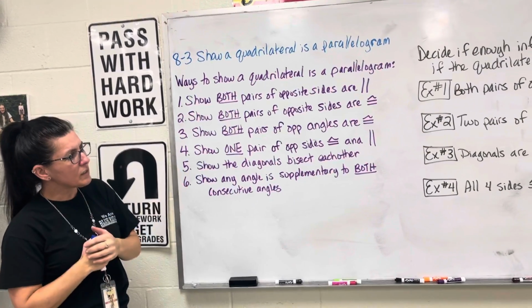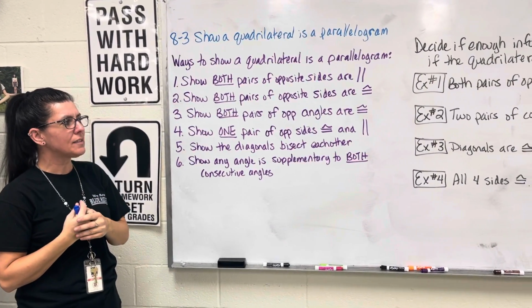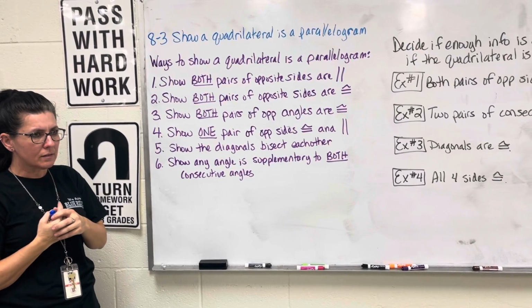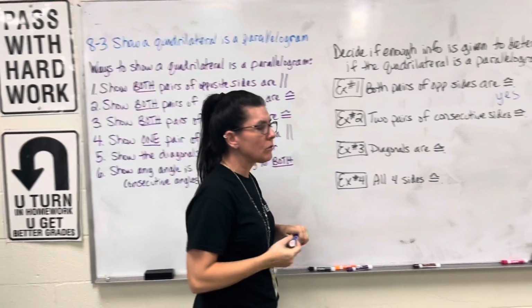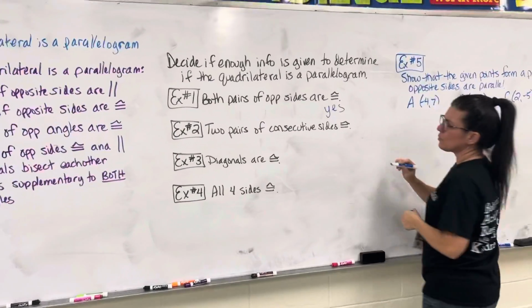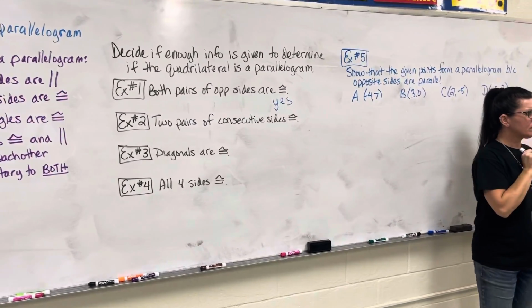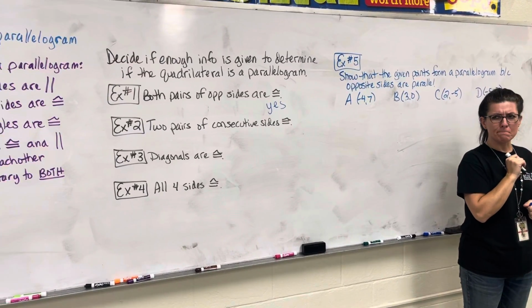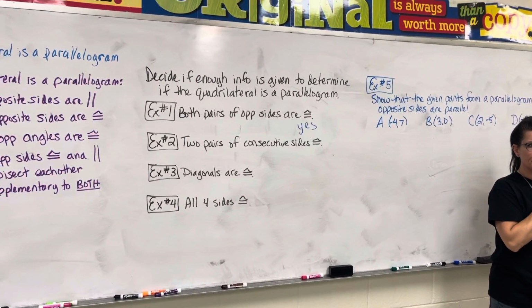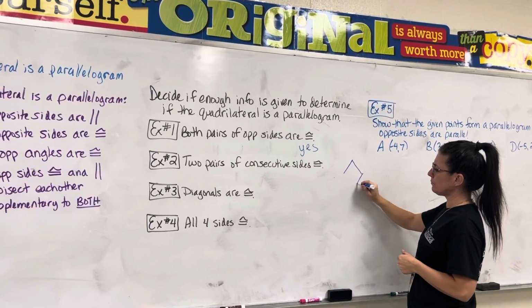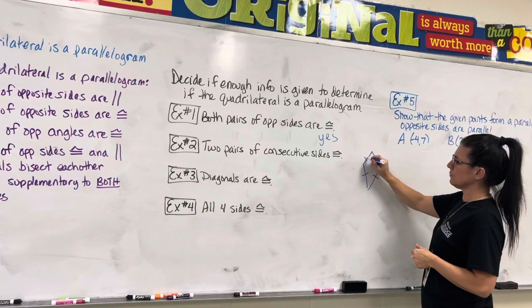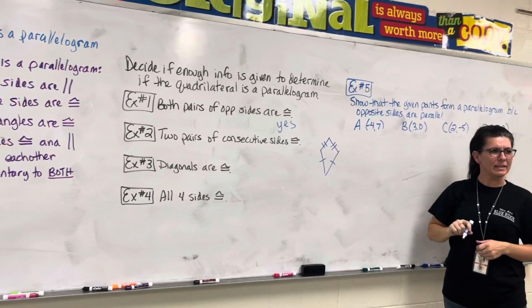So the next one says 2 pairs of consecutive sides are congruent. What would this look like? Any ideas? Consecutive, meaning next to. Almost like a kite.